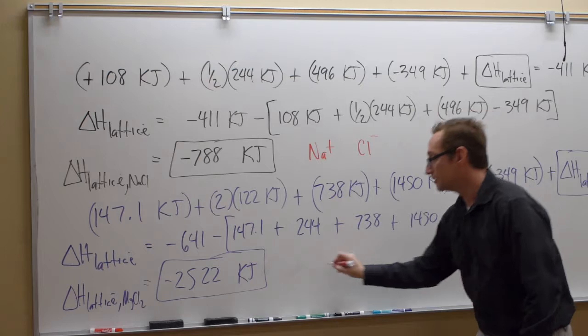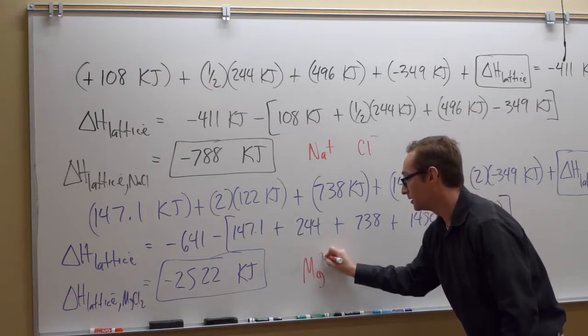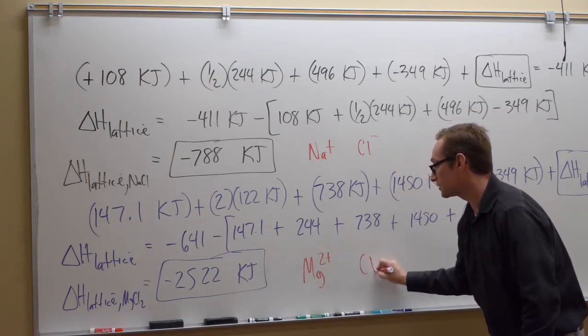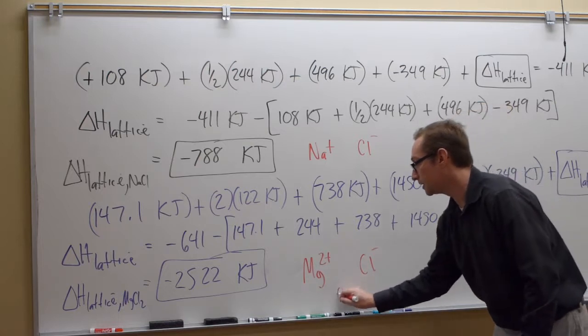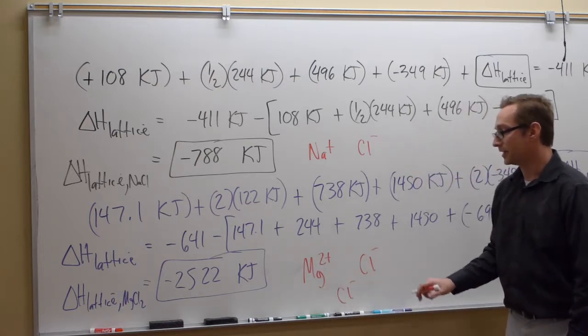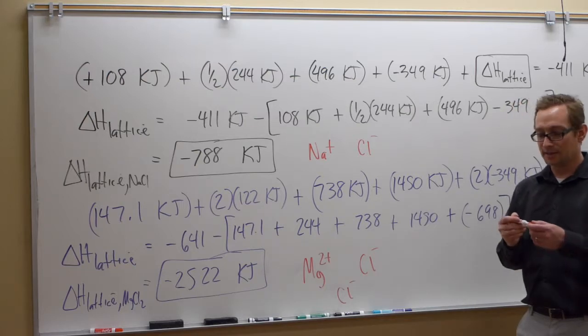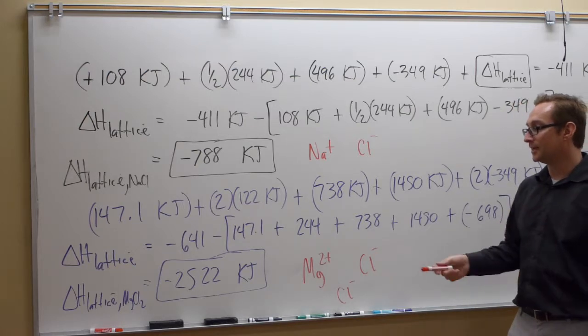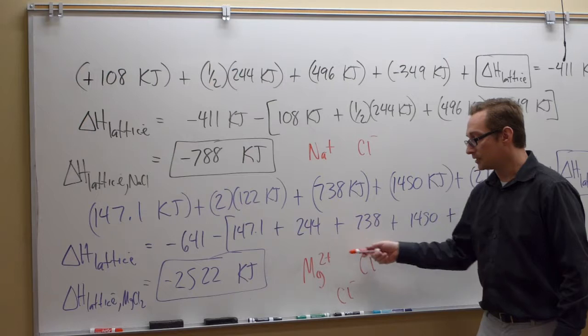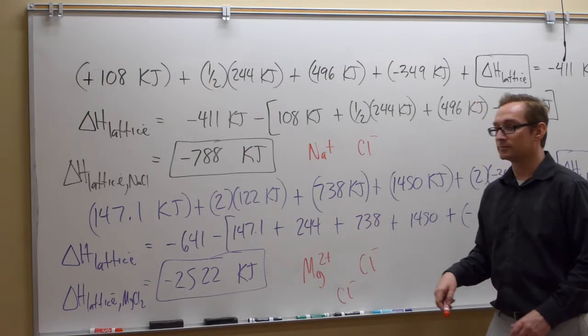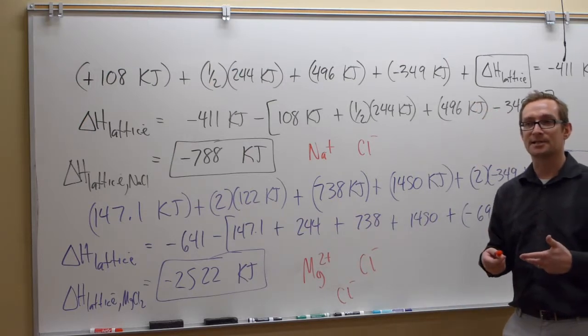But for magnesium 2+ and chloride minus, and then you get another chloride minus. There's more opposite charges combining for this salt. And so as a result, the greater the charges, the more exothermic the lattice energy.